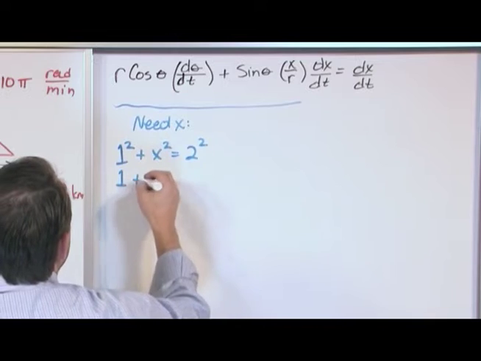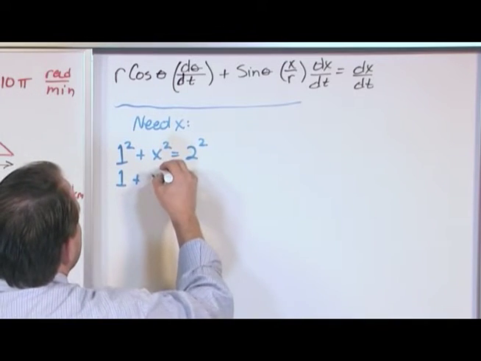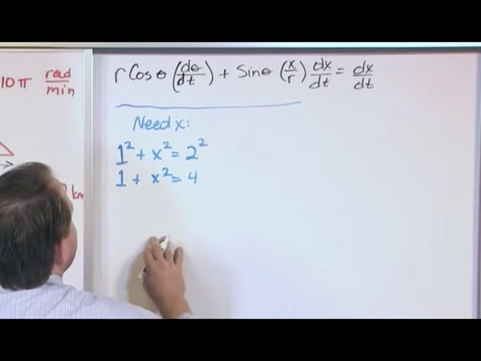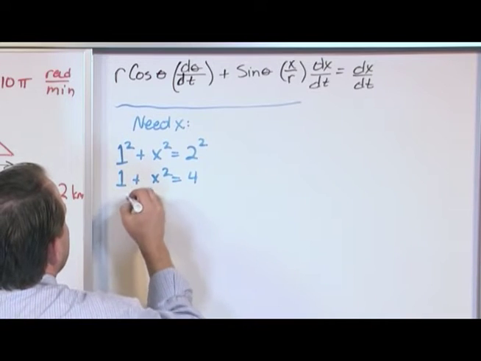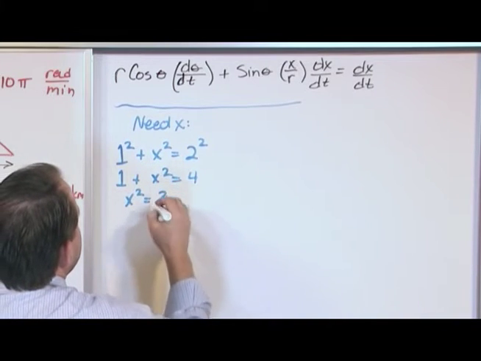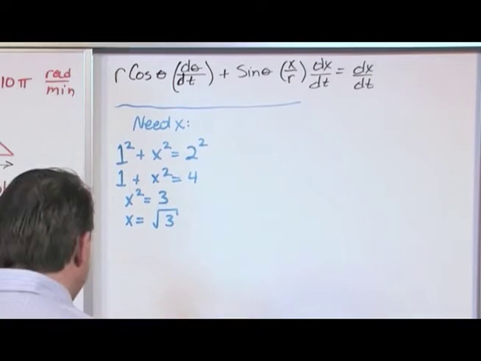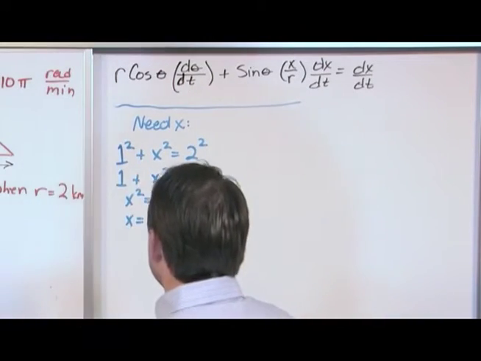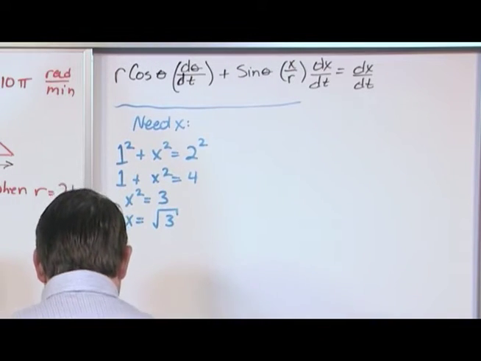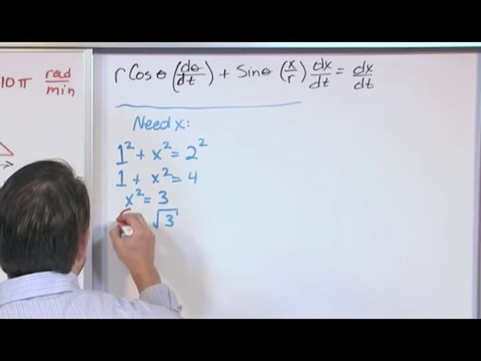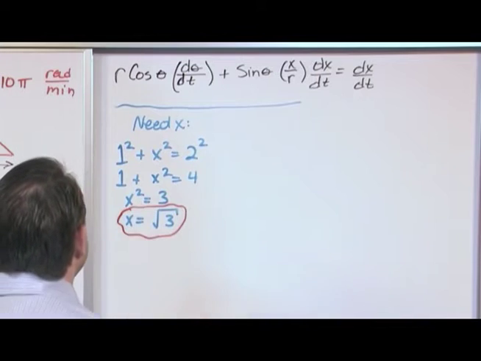So 1 plus x squared is equal to 4. So when I scoot this over here, x squared is equal to 3, and then x is going to equal the square root of 3. So I have an answer for that. X is equal to the square root of 3. So let me go ahead and circle this, because we're going to use this later. And let's see how much closer I am.